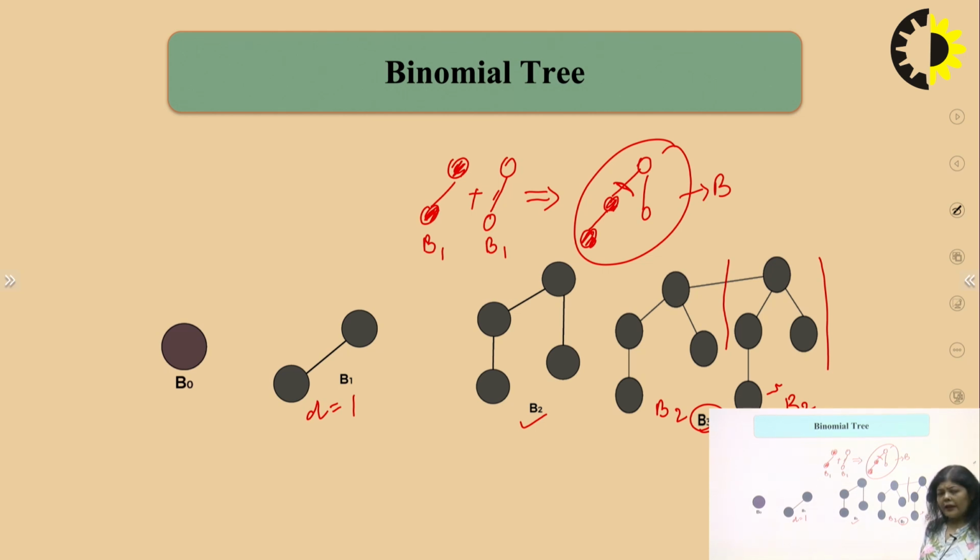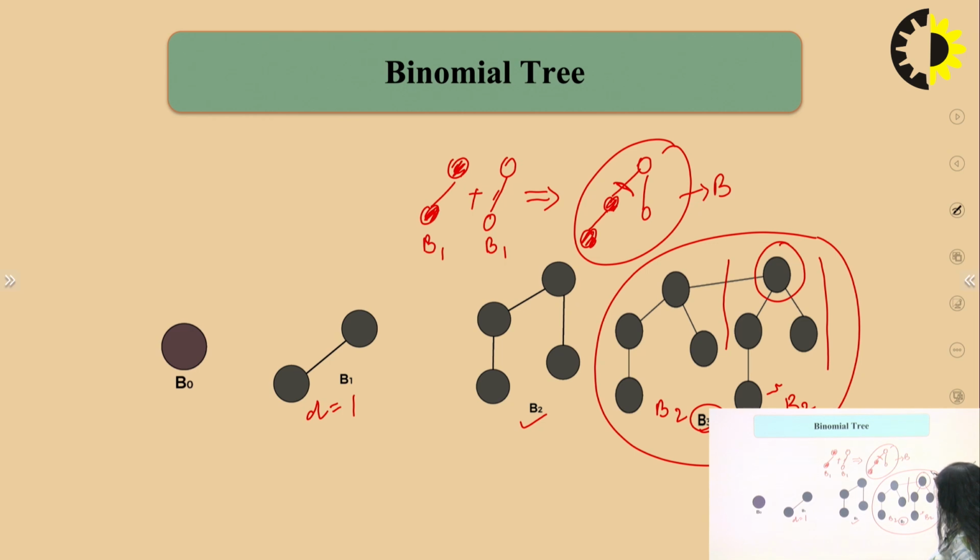Now, another property that we can see from here is this. If you focus on this particular figure, what I can observe is that the root node, which is here, is the root of this binomial tree of degree B3, right? Now, this root node is attached to certain binomial trees here. Let us take the child subtrees of this root node. They have a specific property.